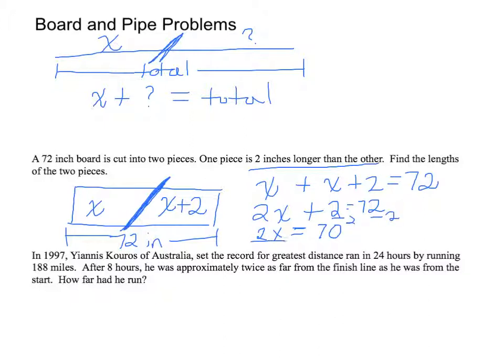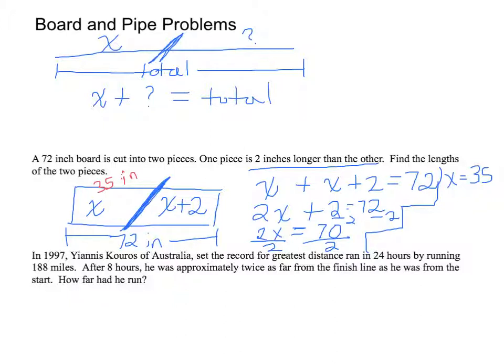And then if I divide by 2, I'm going to get x is equal to 70 divided by 2, which is 35. Okay, so 35 inches is the size of this piece.